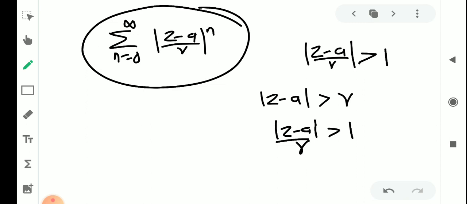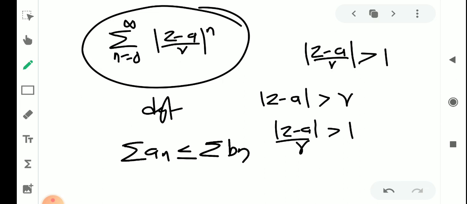So this geometric series is divergent. We have sigma an less than or equal to sigma bn. If sigma bn converges, then sigma an converges.